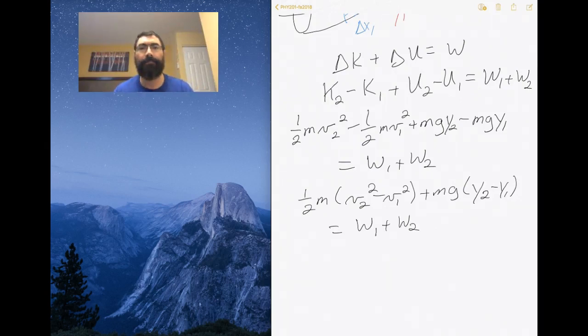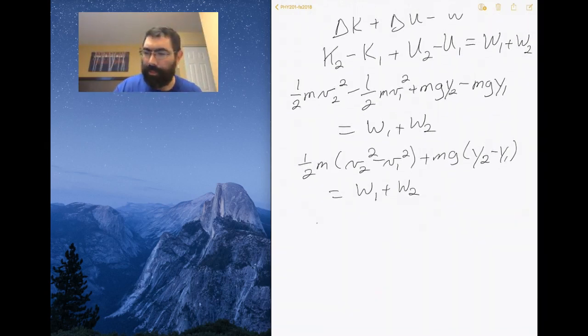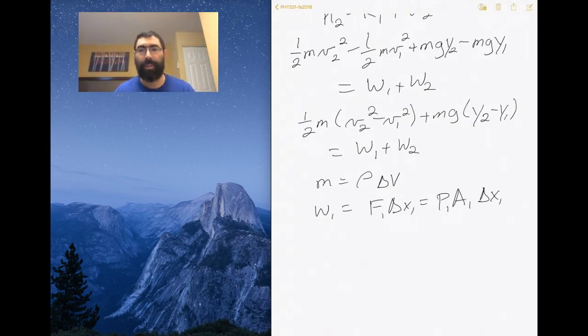Now the mass can be written as the density, which we're not going to change, times the volume, delta V. And work 1 is the force 1 times delta x1, and the force is the pressure 1 times the area 1 times the length.